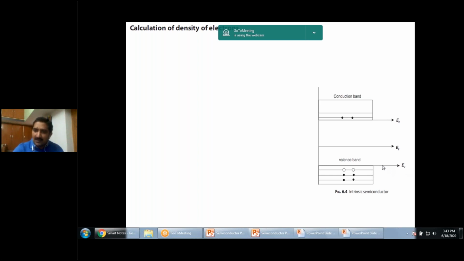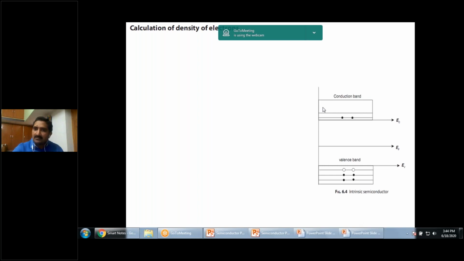Below that EV, the band is full of electrons up to minus infinity. Remember, this is the topmost level of the valency band, and below that level all energy levels are completely filled.